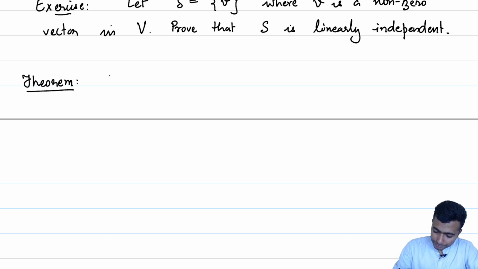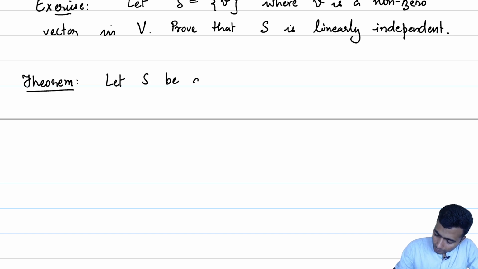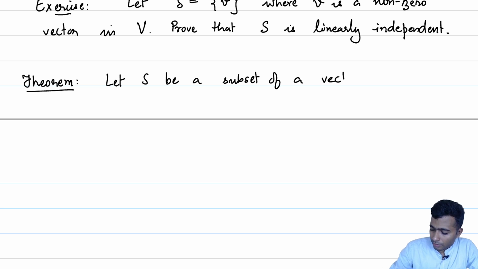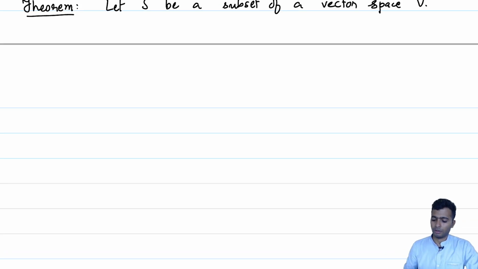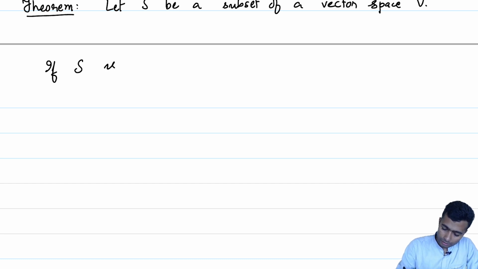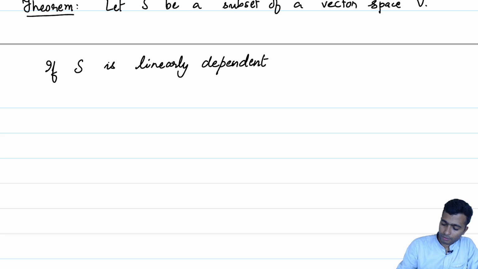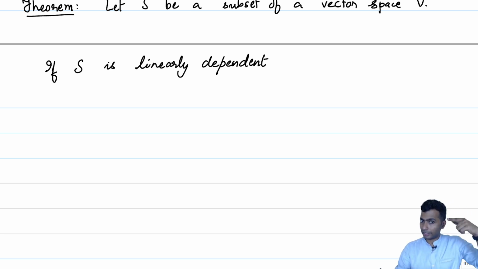Let S be a subset of a vector space V. Then if S is linearly dependent, recall that in that example, that is the case we were in.